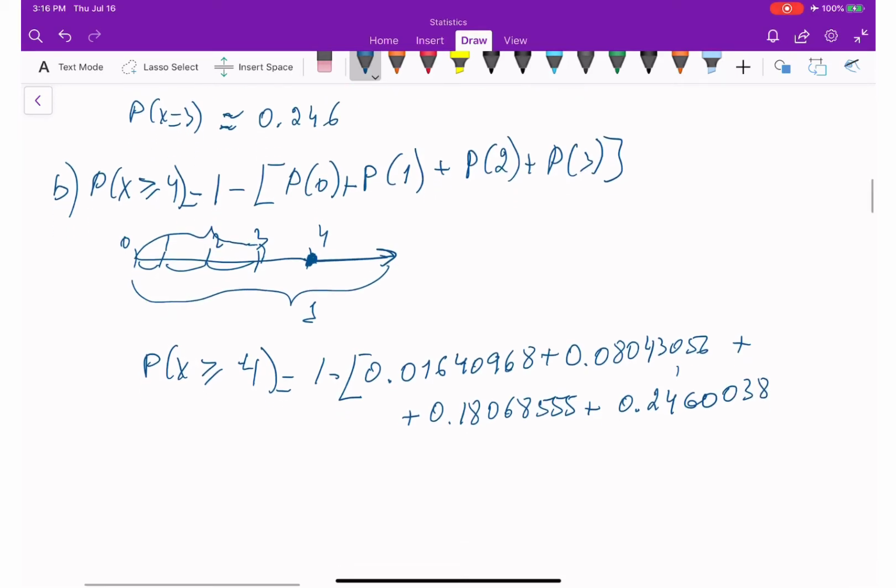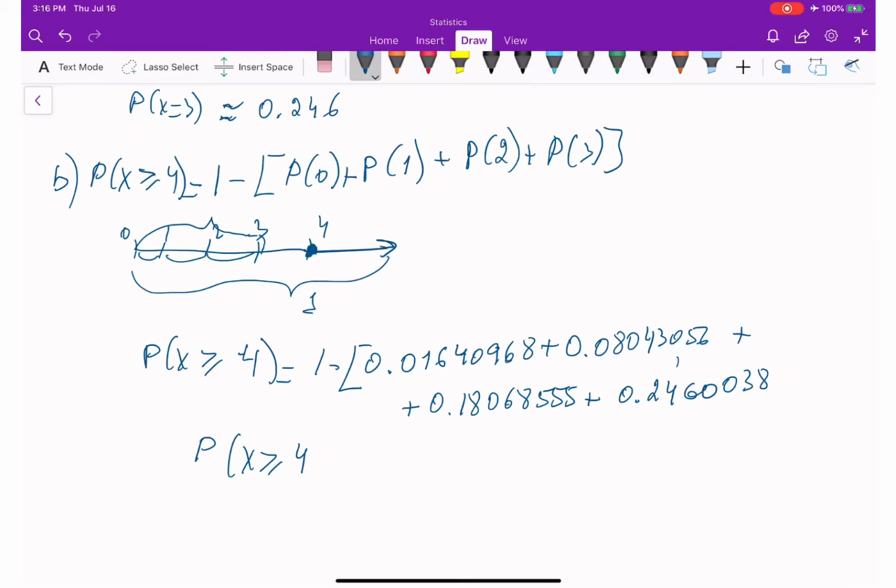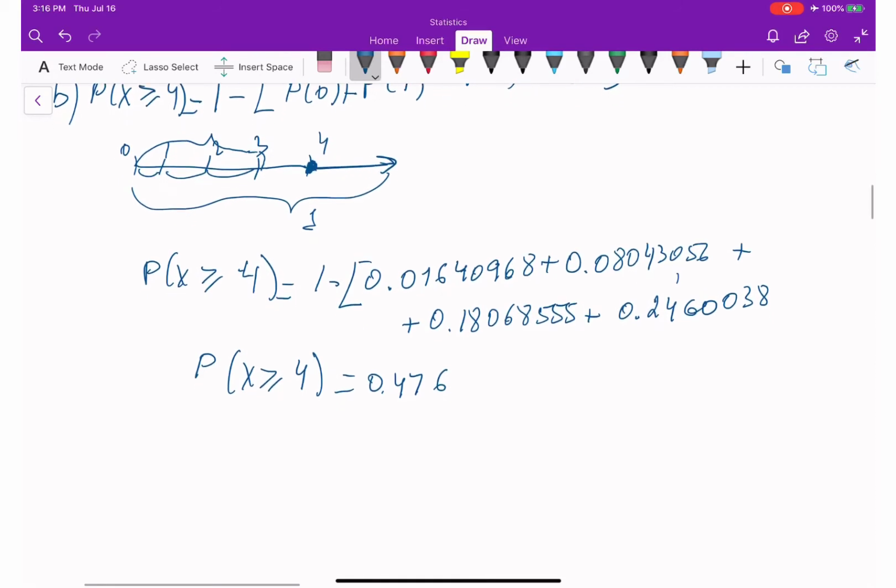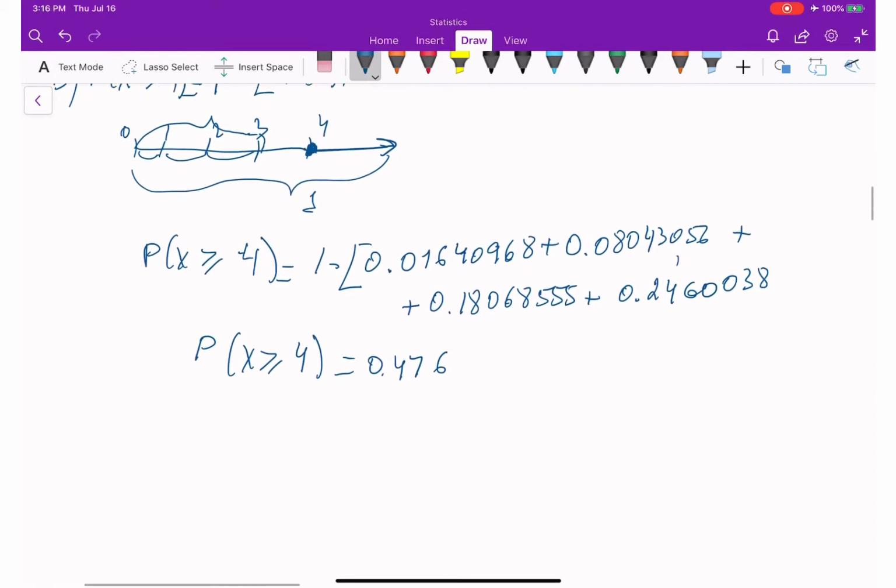And what do we get? Probability of x greater or equal to 4 is equal to 0.476. Okay, so that was B.